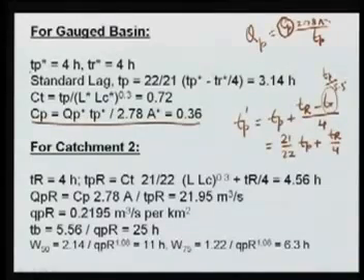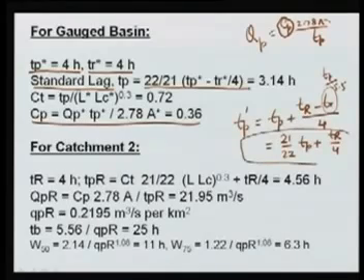For the gauged basin, TP star is 4 hours and TR star is 4 hours. Star denotes the value for the gauged catchment. The standard lag, as we have seen, TP can be obtained using this equation: 22 by 21 into TP star minus TR star by 4, and comes out to be 3.14 hours.